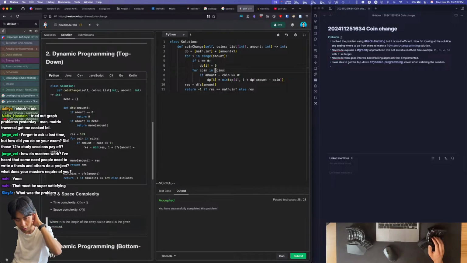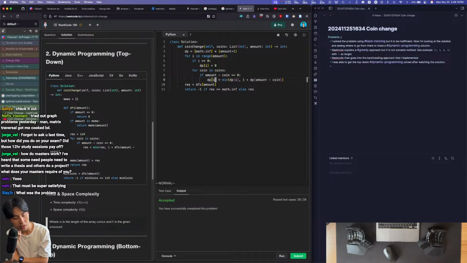For coin and coins, if amount minus coin is greater than 0, then you would set dpi, but because that's not the case, you don't do anything. But now if you have 1, for coin and coins, for the 1, that is greater than or equal to 0, yes.